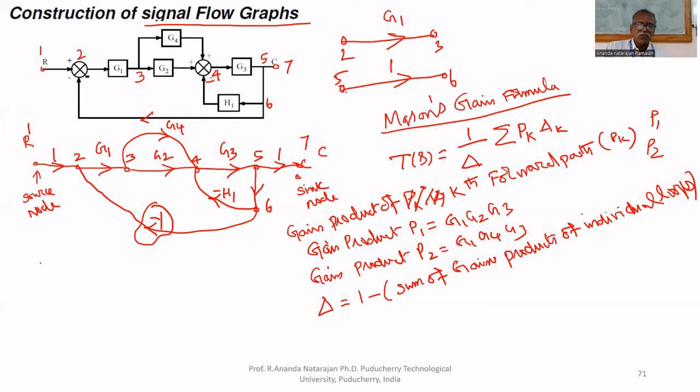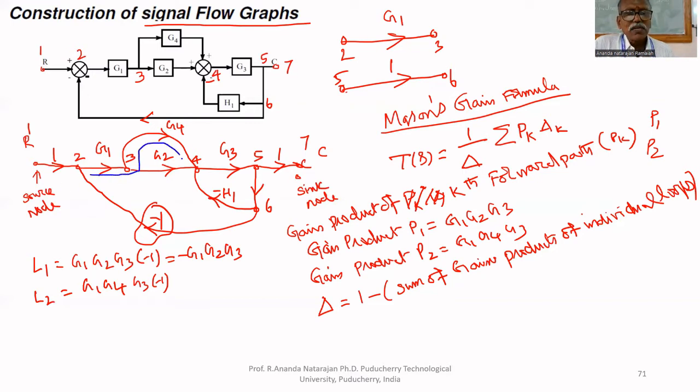Gain product, what is it? First loop, L1, equal to what? G1, G2, G3, minus 1. Therefore, L1 equals minus G1, G2, G3. L2, the second loop, another single loop, is G1, G4, G3 and minus 1.